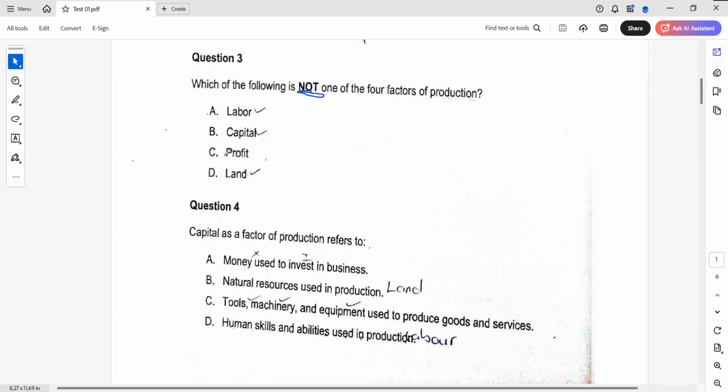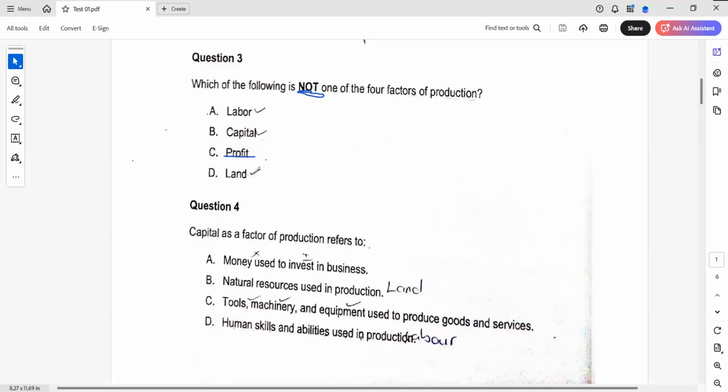Profit, no. Profit is not a factor of production, but profit is a source of income. Because we have factors of production, which are land, labor, capital, entrepreneurship. And then these factors of production, they earn what? Income. So for labor, they get a salary or wage. For capital, they get interest.